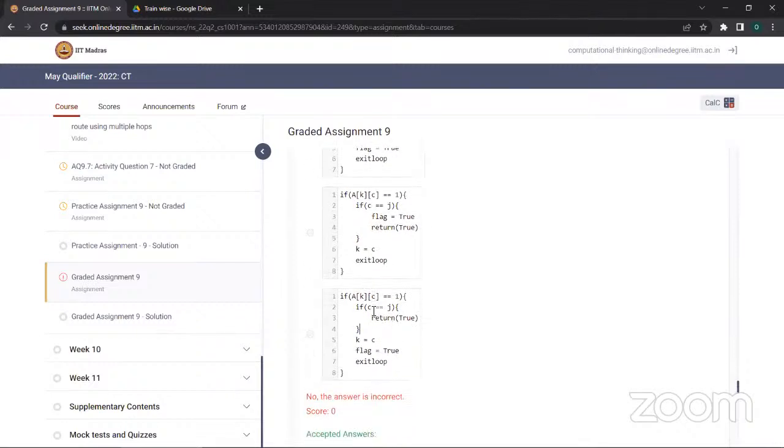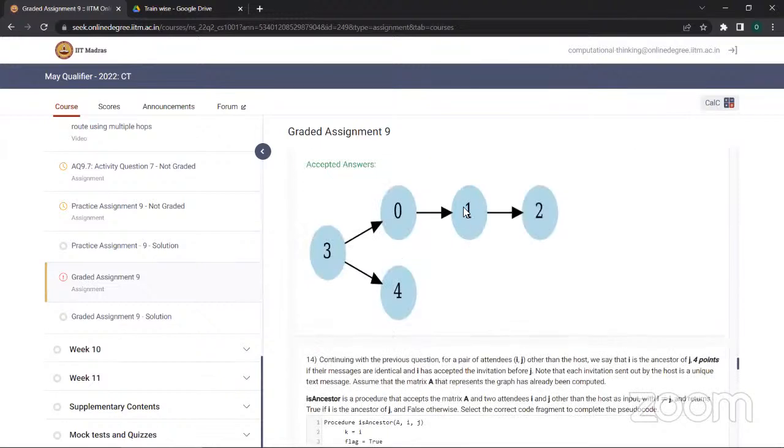So when C becomes either I or J, either of those two. For example, your C becomes J, J as in, in this case, 1. At some point, your C will become 1.